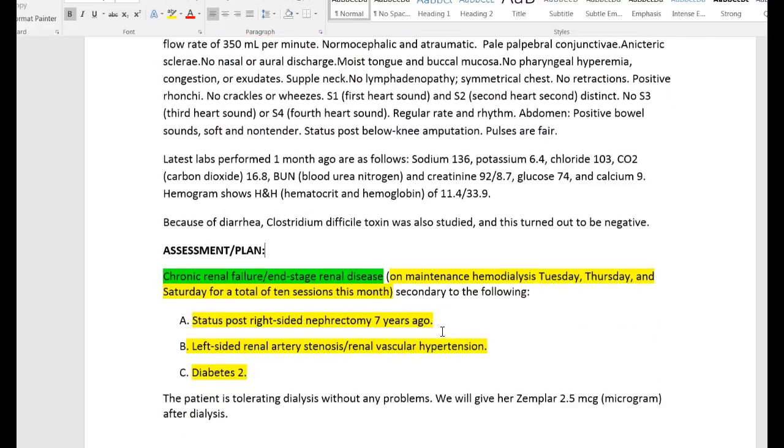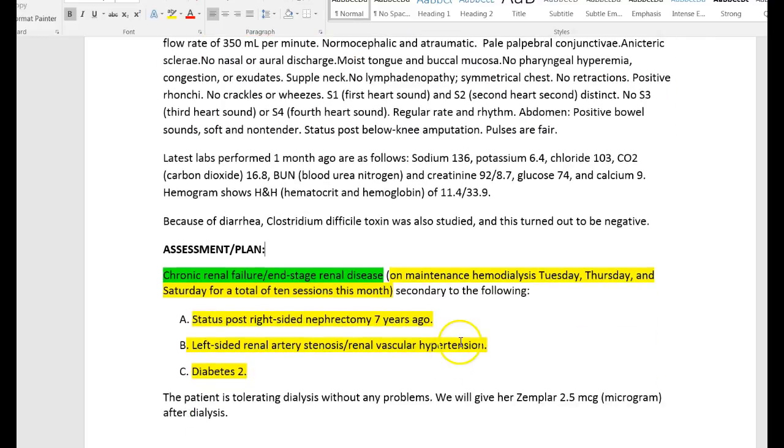The patient needs dialysis to cleanse her blood because her kidneys are not functioning properly, and in this scenario, if she did not receive multiple dialysis services a month, she could become toxic. So that's what renal failure is.